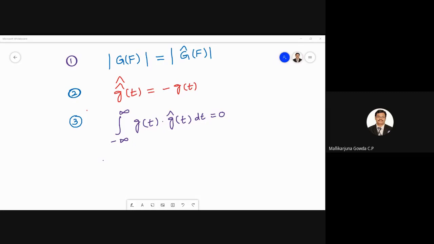So during that time, you will understand the importance and impact of this Hilbert transform, how it simplifies the representation of a band pass signal in terms of its equivalent complex low pass signal. Till then, at least you should be able to grasp what the Hilbert transform is and what its properties are. Fine?